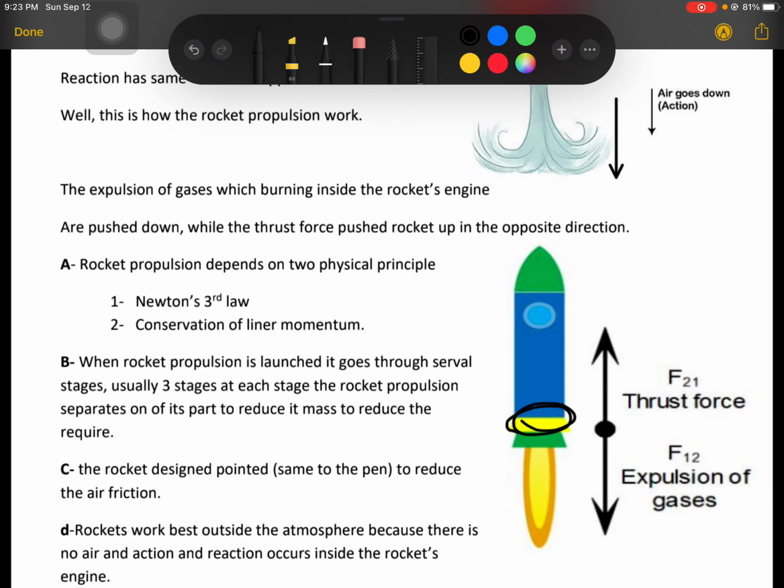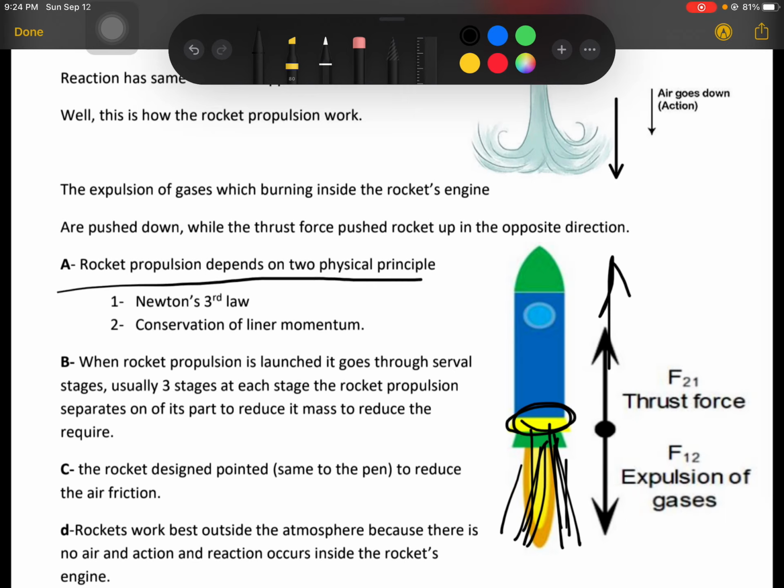The burning gas inside the engine of the rocket goes down, and the thrust force pushes the rocket to go up.